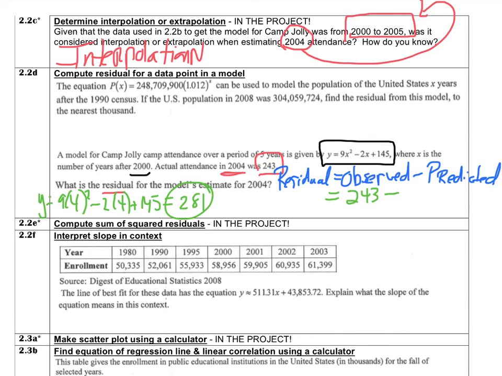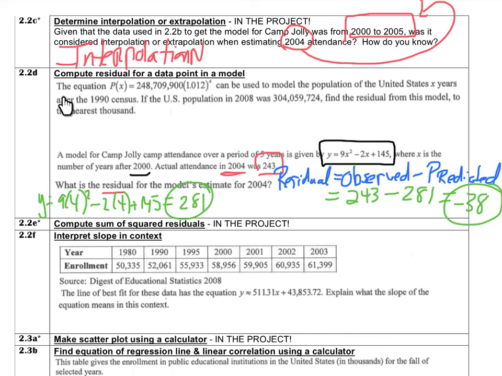So the prediction goes right here, so I'm going to subtract out 281. When you do that, you're going to get that the residual is negative 38. So what that means is this model actually over predicted how many people were going to be there. It predicted 38 more people than were actually there.